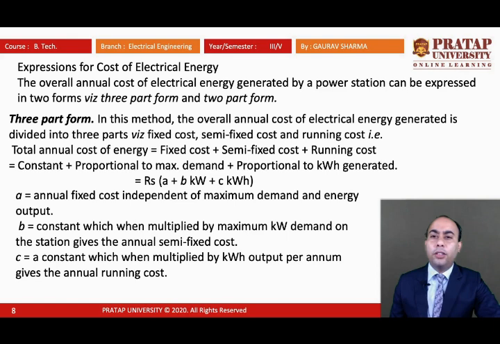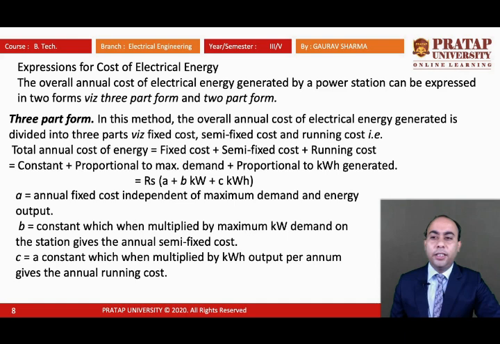The expression of the cost of electric energy we can categorize into two parts: the three part and the two part. In the three part method, the overall annual cost of energy generated is divided into three parts: fixed cost, semi-fixed cost and the running cost. That is, total annual cost of energy is equal to fixed cost plus semi-fixed cost plus running cost.